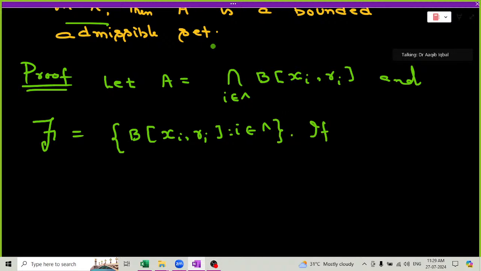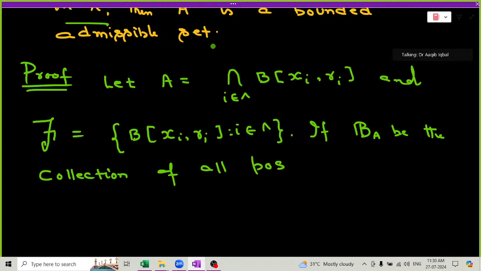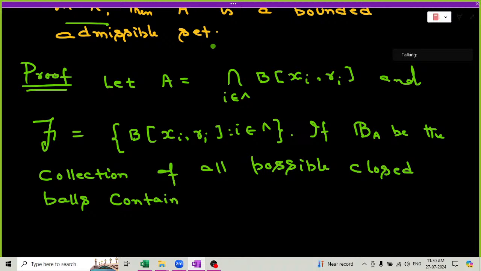Now if boldface B, as usual, be the collection of all possible closed balls containing A, then what can you tell me about the relationship between fancy F and boldface B sub A?